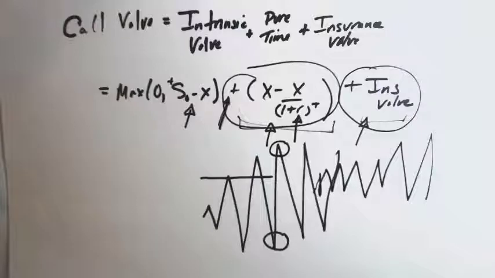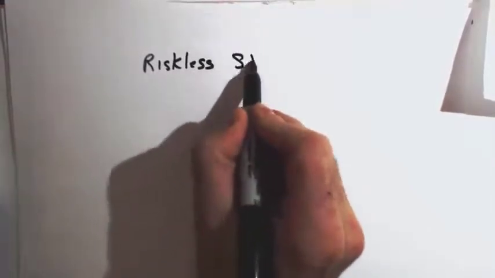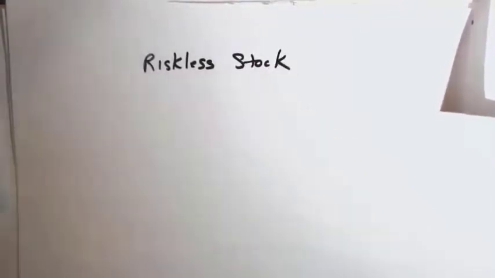Okay, so now let's go a little further and do a thought experiment. Let's look at a riskless stock. Now, there's no such thing as a riskless stock, but let's imagine there is.